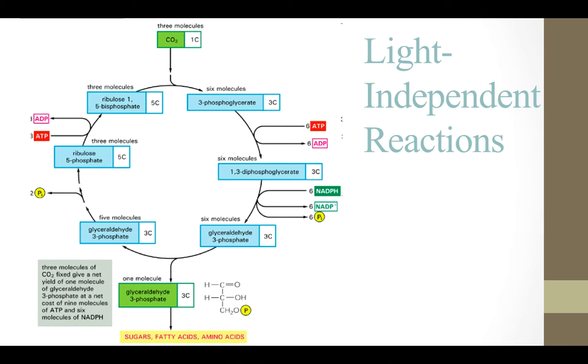These become sugars, fatty acids, and amino acids. The glyceraldehyde 3-phosphate becomes ribulose 5-phosphate, and that's our RuBP.